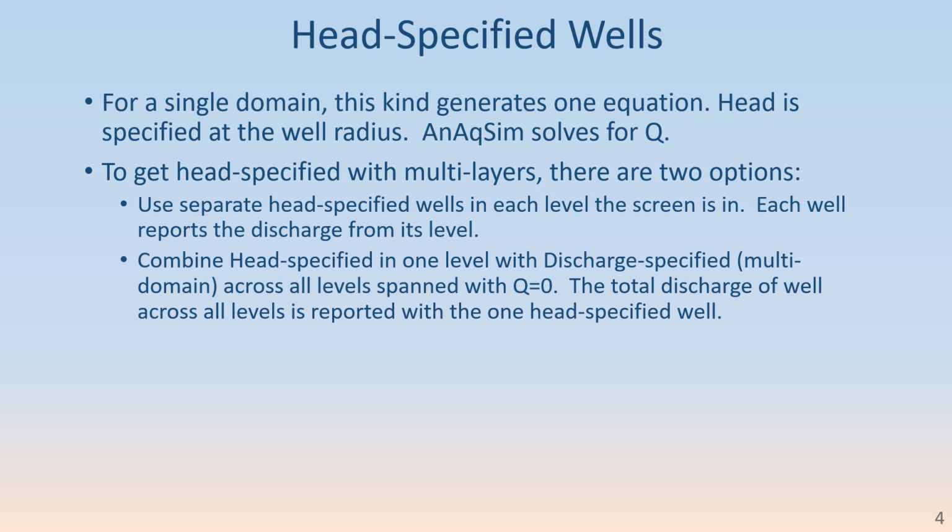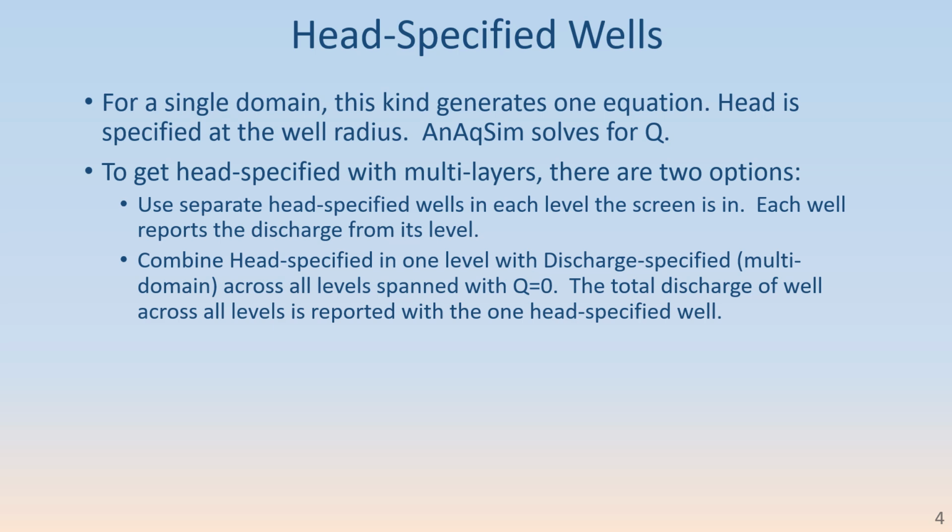When you want a head specified well in a multi-layer situation where the well screen spans multiple layers, you have two options. You can use separate head specified wells in each of the levels that the screen spans, and you put the well coordinates at the exact same x, y location, so they'll be right above one another, and Anaqsim will solve for the discharge in each level.